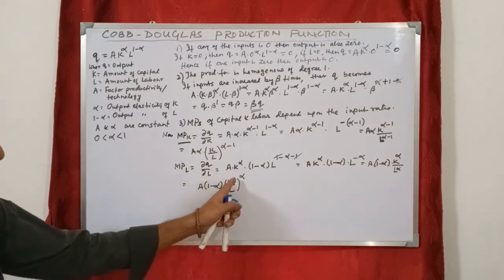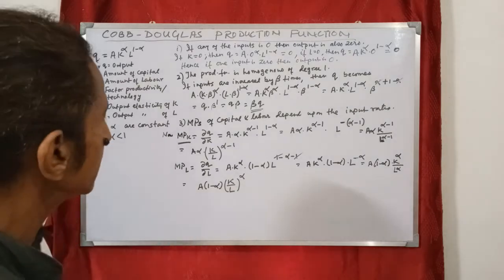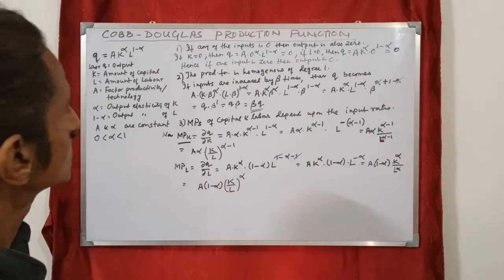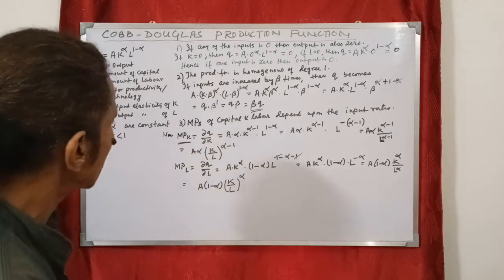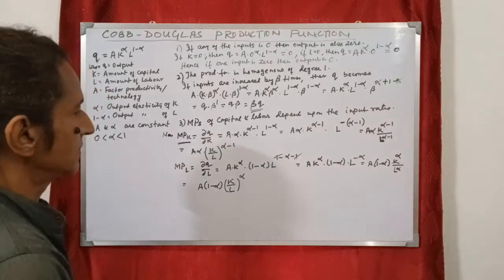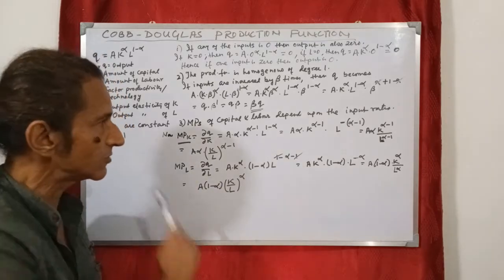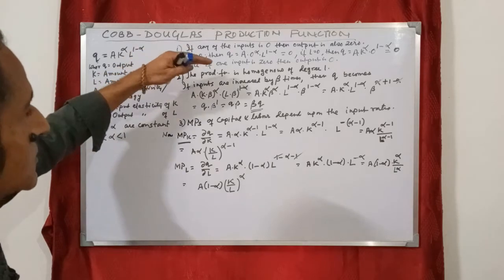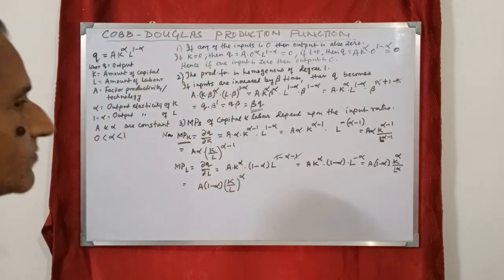Again we find input ratio. So since A and alpha are assumed constant, if the input ratio is kept constant, then marginal productivity of labor will also remain constant. So we have proved these two characteristics of Cobb-Douglas production function.